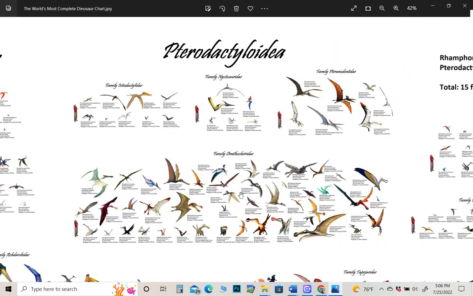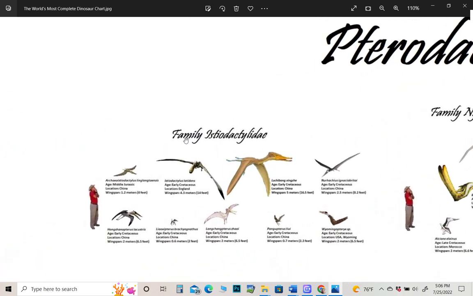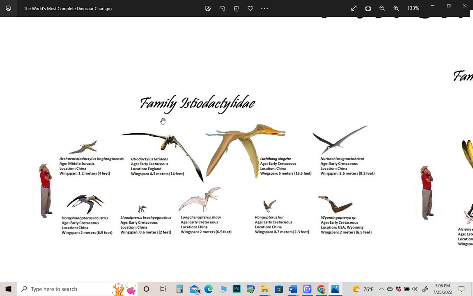These four are in the Pteranodontians. It's a large clade of pterosaurs. Ichthyodactylus, Archaeoistiodactylus, Ichthyodactylus. Ichthyodactylus was the one where I said there was an ornithodesmus. Well, this was the original ornithodesmus.